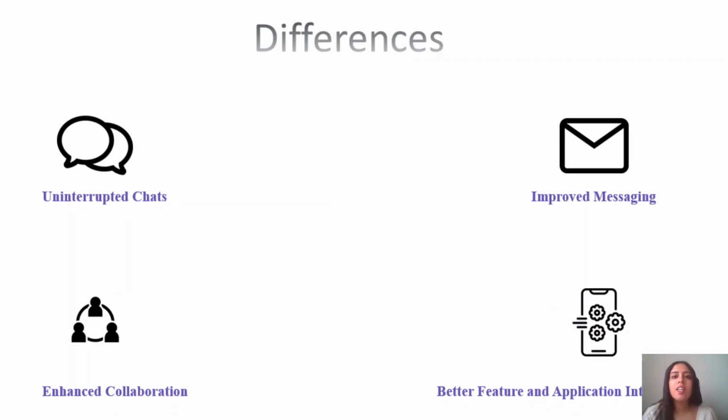Additionally, it is compatible with Microsoft Cognitive Services that integrate advanced technologies like machine learning, speech recognition, and other technologies with Microsoft Teams, making it significantly more powerful than Skype for Business.